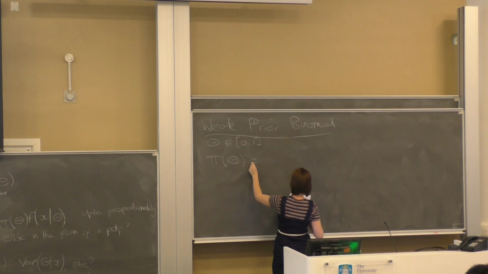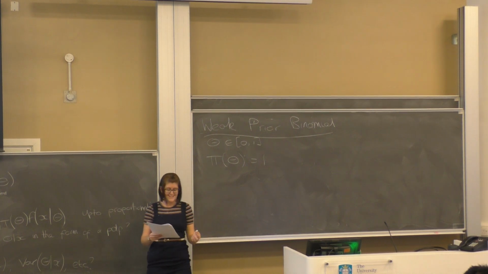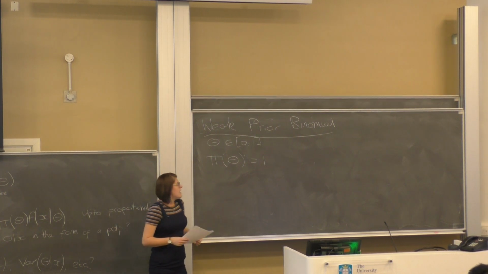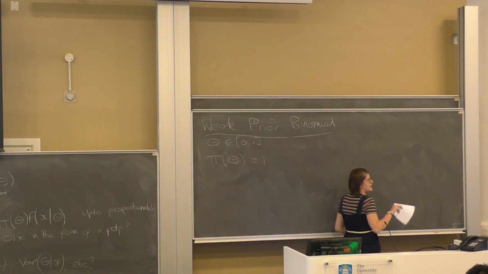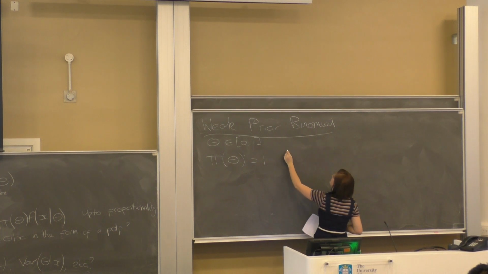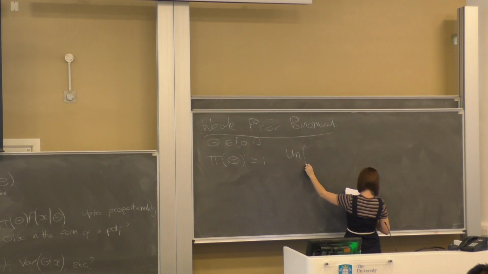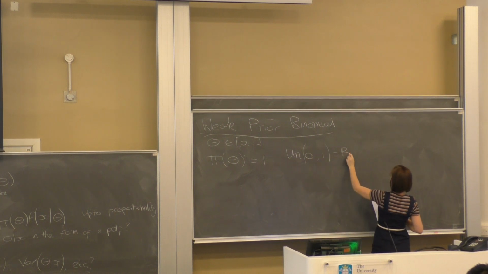So then we just have our prior density equal to 1. And if you look, I think the information's in the extra column at the end of your distribution sheet, a uniform distribution on 0, 1 is the same as a beta distribution where A and B are both 1.